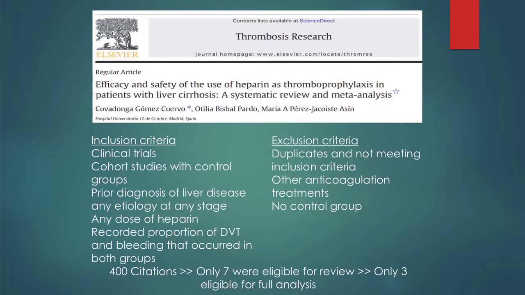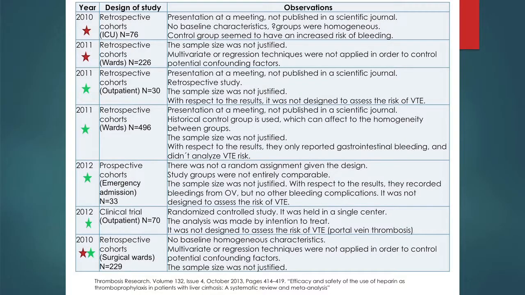The hard thing about it is that we don't know how long they were treated for. We don't know the exact dose. They all used different dosages of heparin, so it was hard to compare. So as I said, they found 400 citations, but only 3 were good clinical trials. I've highlighted here in this graph a little bit of the characteristics, but I won't go into many details.